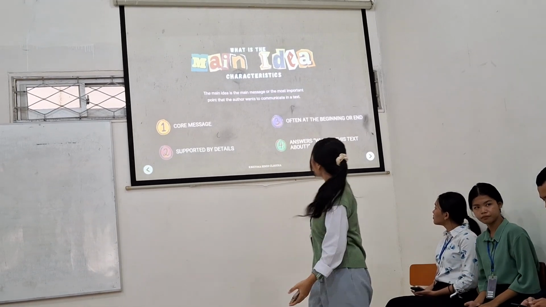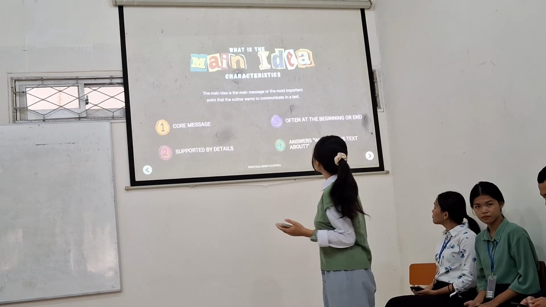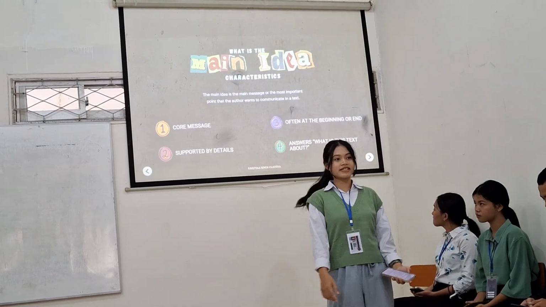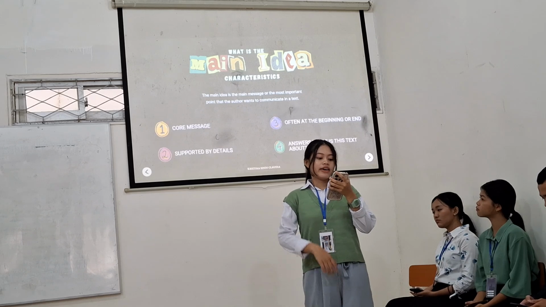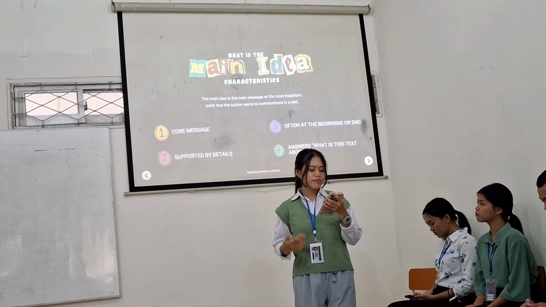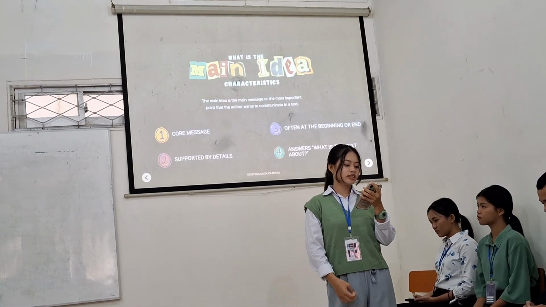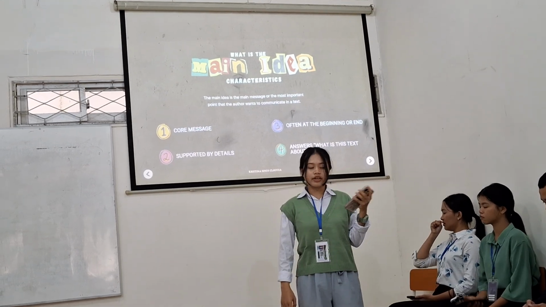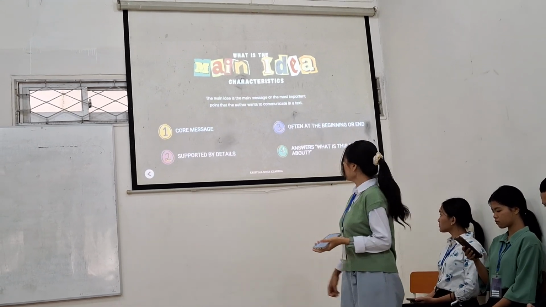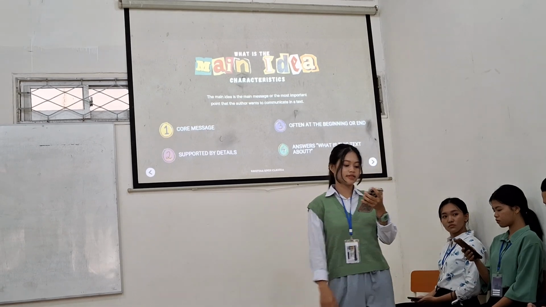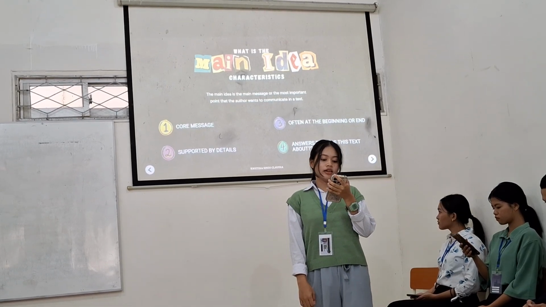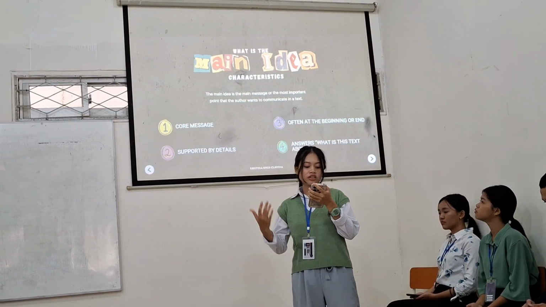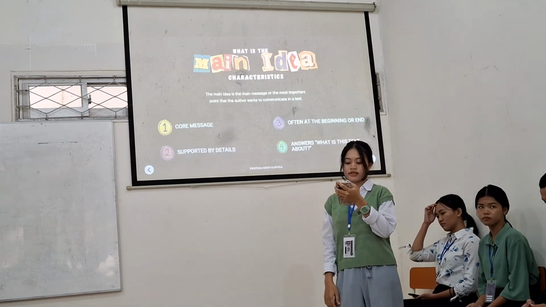There are some characteristics of the main idea. First, core message. It's the main point or the most important message the author wants to convey. Second, supported by details. The main idea summarizes the overall content of the text.